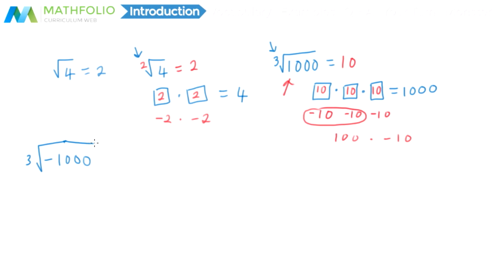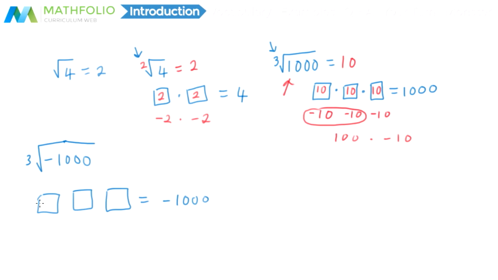However, in this next example, let's take the cube root of -1000. Look how this is different to our example up on the top right, where we're after the cube root of 1000. This time we need something times itself 3 times to give us an answer of -1000. In this case, our answer would in fact be a negative number, because it can't be 10 times 10 times 10, as those are three positive numbers multiplying, and that would give us a positive 1000.